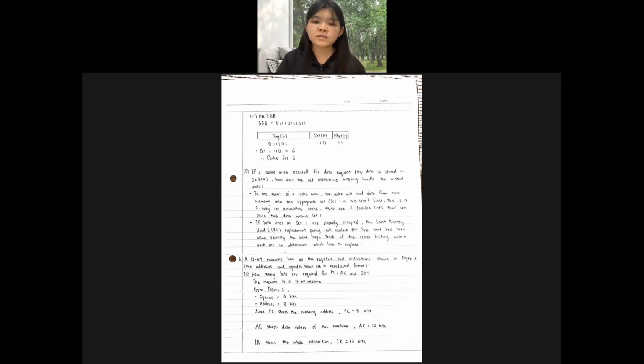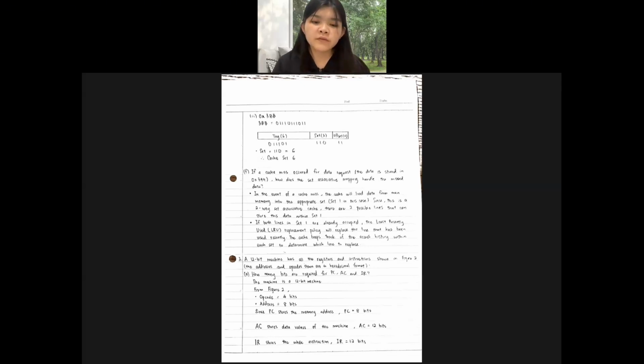And if a cache miss occurs for a data request, how does the set associative mapping handle the missed data? In the event of a cache miss, the cache will load data from main memory into the appropriate set, which is set 1. Since this is a two-way set associative cache, there are 2 possible lines that can store this data.